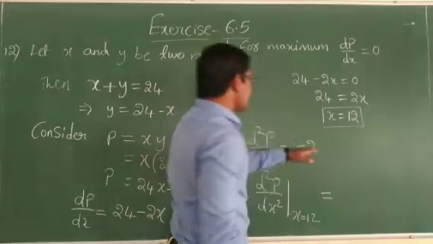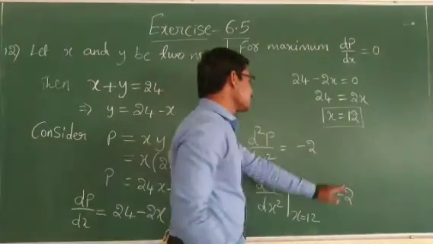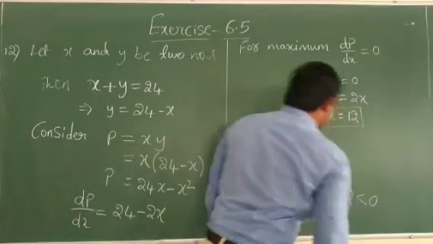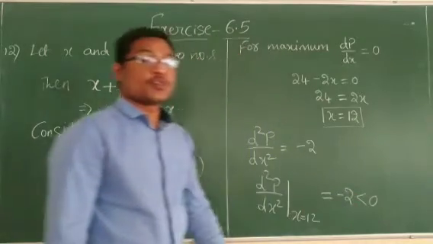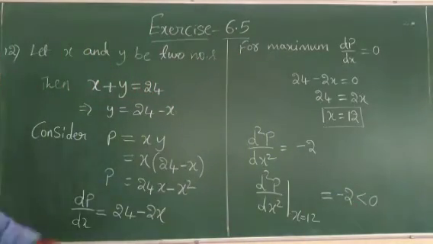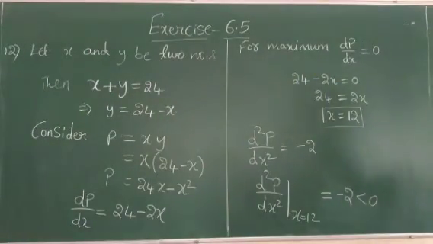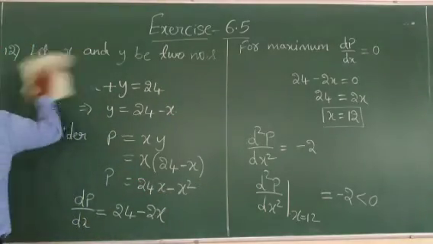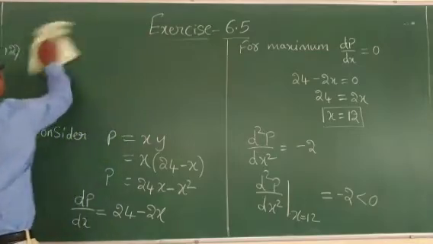At x equal to 12, here x is not there. So we get the same constant minus 2 only, which is less than 0. The second derivative is less than 0. If the second derivative is less than 0, then we get the product to be maximum. Then we get the product to be maximum at x equal to 12.